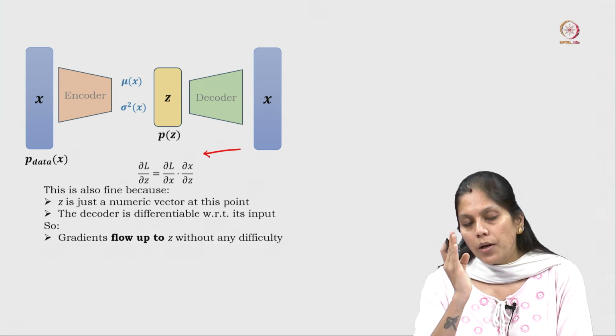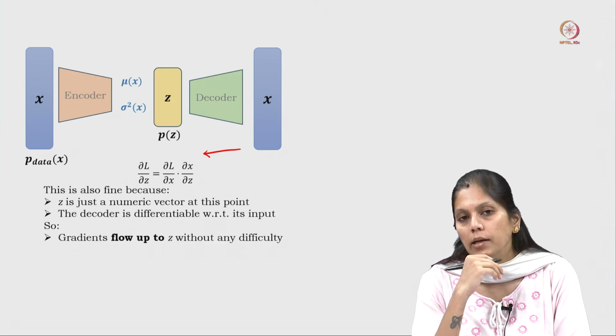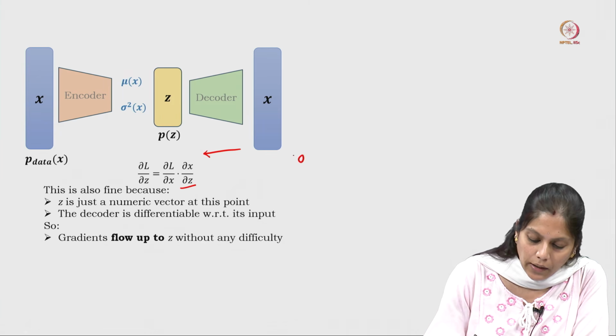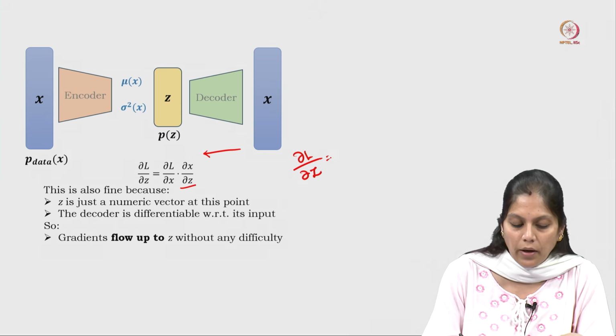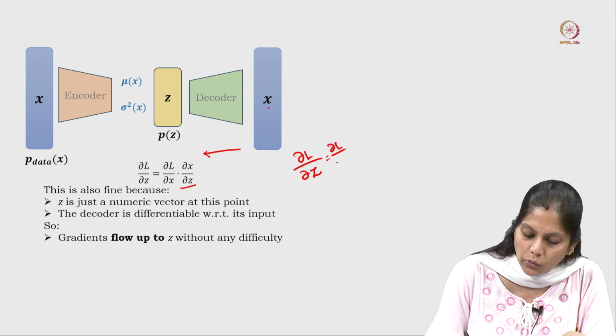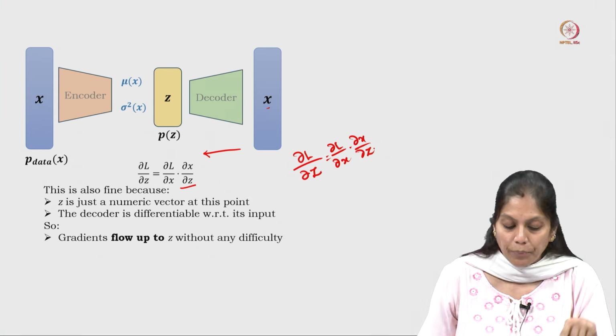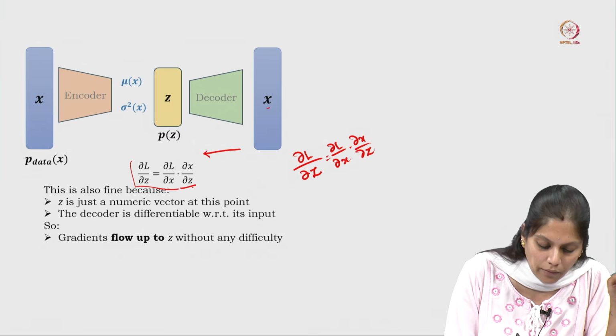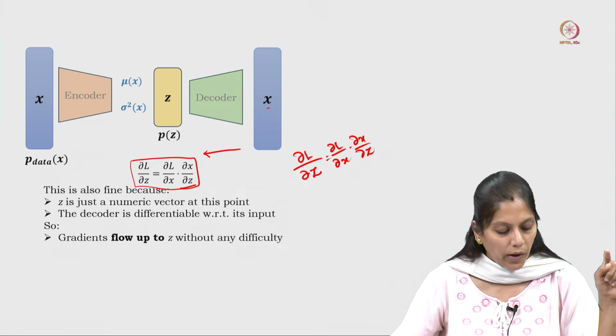Now, from here we have to look into Z. How will you compute this? The derivative of loss with respect to Z is written as, you can reach it through x only: the derivative of loss with respect to x, then x with respect to Z.